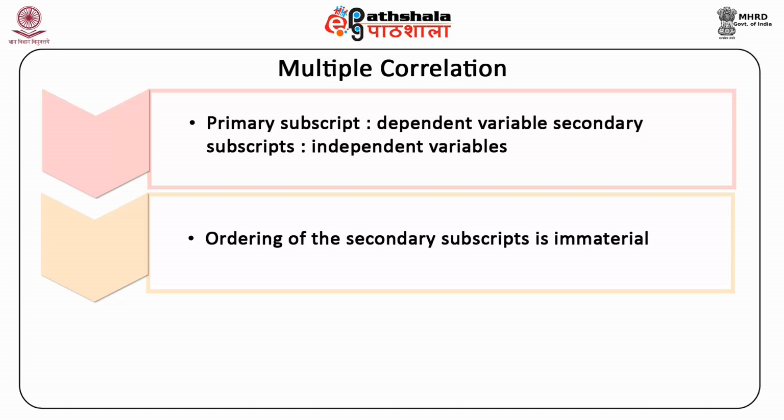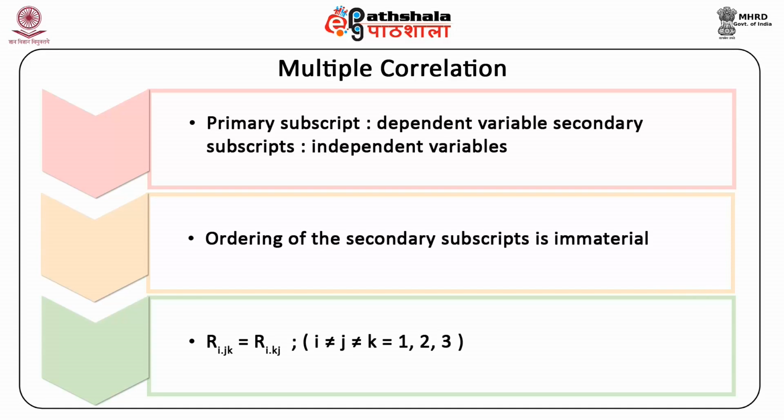Thus, for example, R_i.jk is equal to R_i.kj, where i is not equal to j is not equal to k, equal to 1, 2, 3. Each of which represents the multiple correlation coefficient between the dependent variable xi and the joint effect of the independent variables xj and xk on xi.